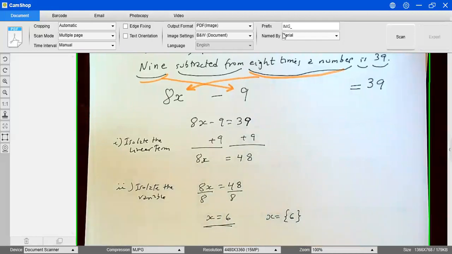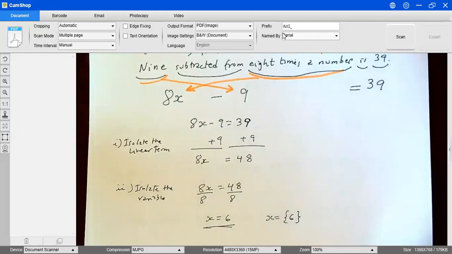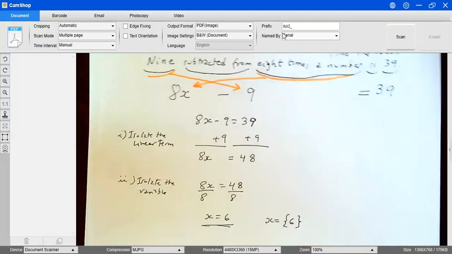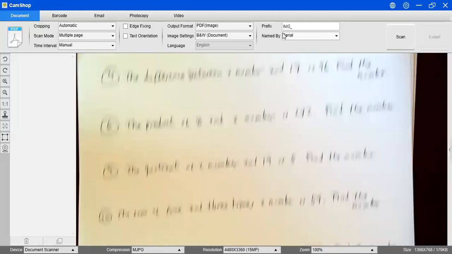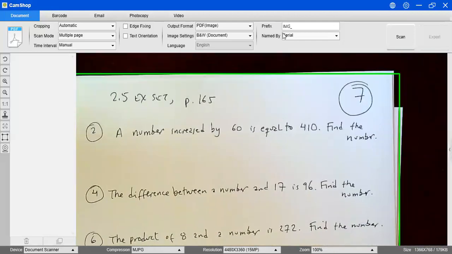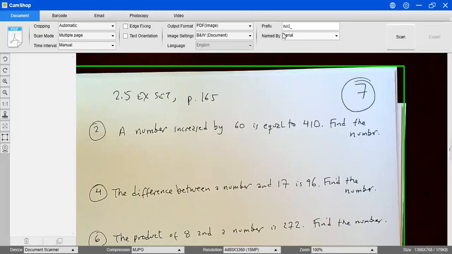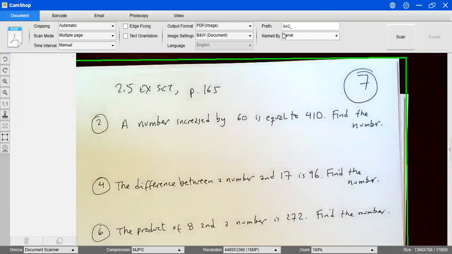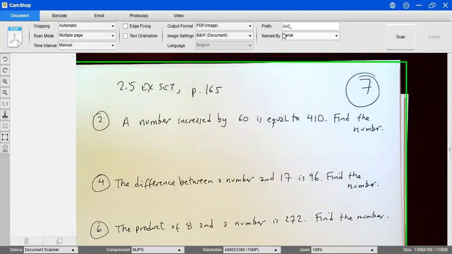Now I'm going to give you 8 problems from the exercise set. I'm going to solve just the first one to repeat this process. We have the 2.5 exercise set on page 165, and all the problems were written in just a single row to be able to do the translation from English to algebra.